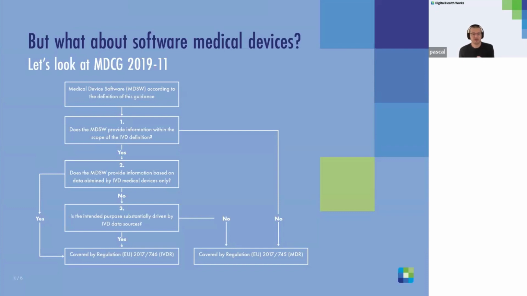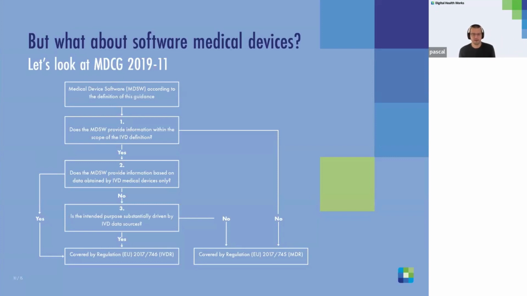If no, you are in the actual tricky part, where the question is: is the intended purpose of the device substantially driven by IVD data sources? If yes, it falls under the IVDR, and if not, then no. Basically, as long as the data is mostly based on MDR data, it's most likely an MDR device. If it's completely based on IVDR data, it's most likely an IVDR device.